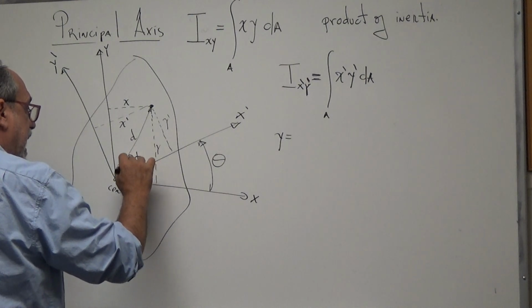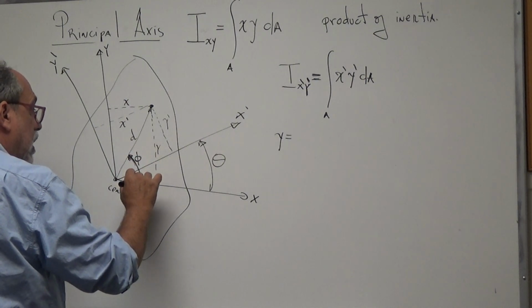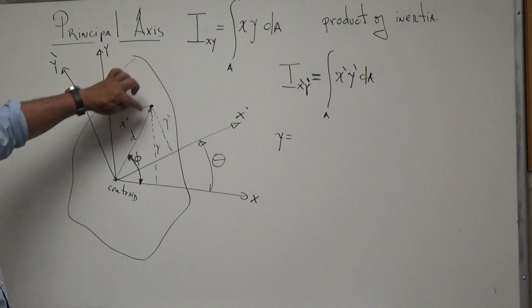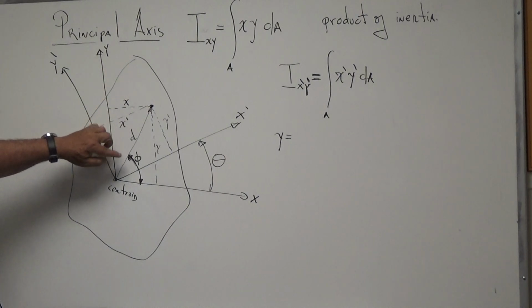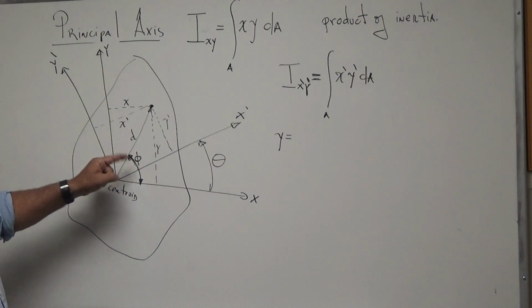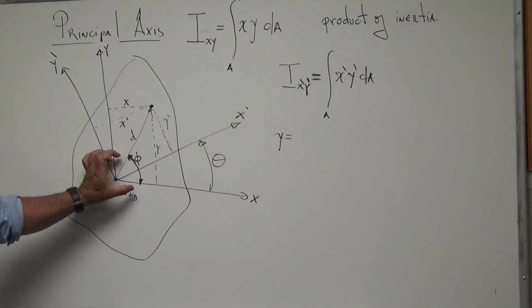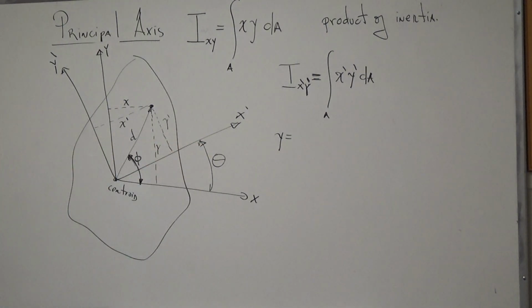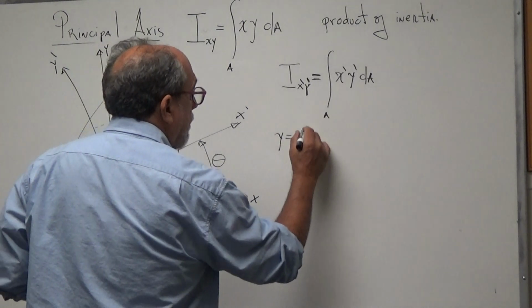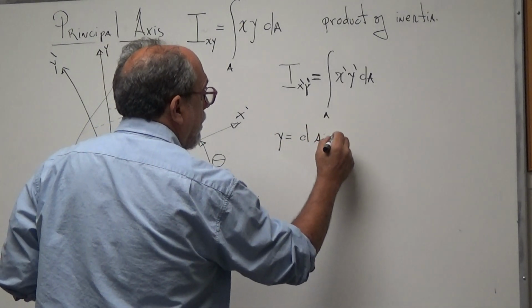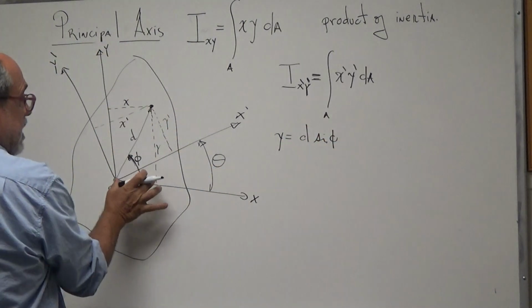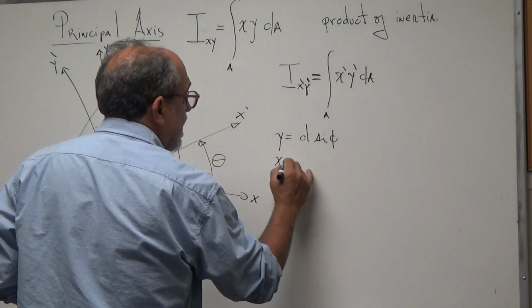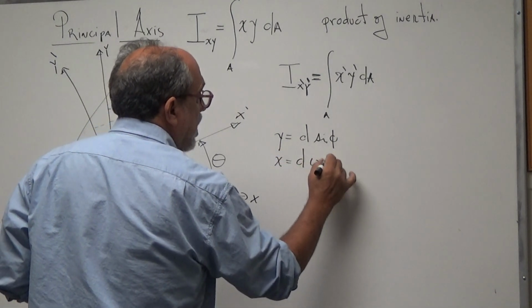Phi is the angle that the point and the origin make, but not with respect to the x prime, but with respect to the x. Okay, it's the total original angle, and theta is the rotation. Now, under that condition, then, y is just d sine of phi, right? And x is just d cosine of phi, correct?